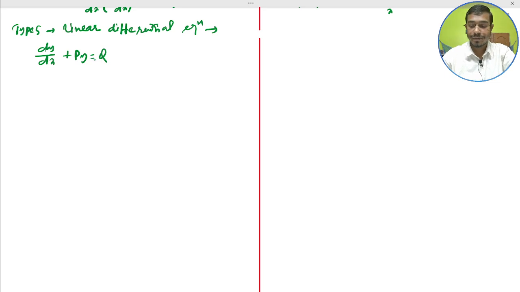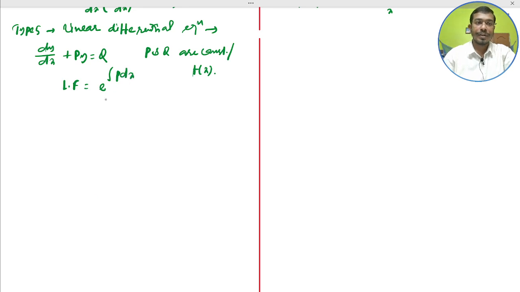This is very important. Here the integrating factor, the integrating factor is equal to e to the power integral of P dx.